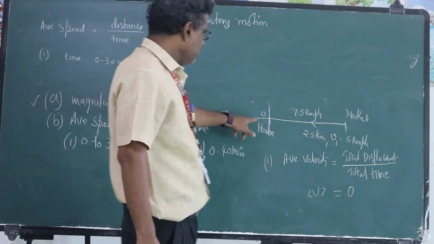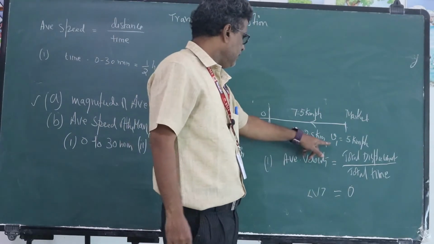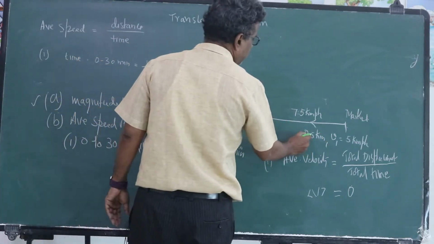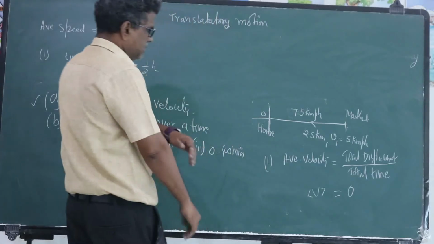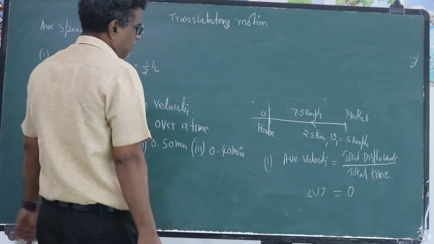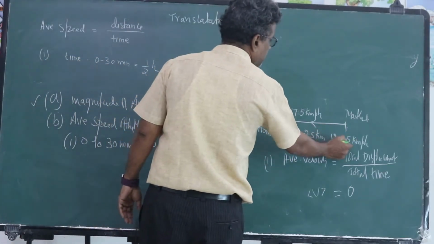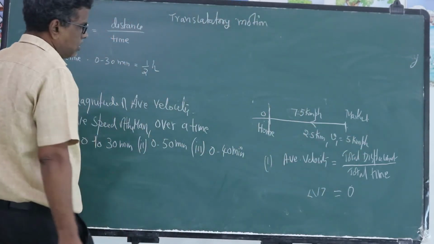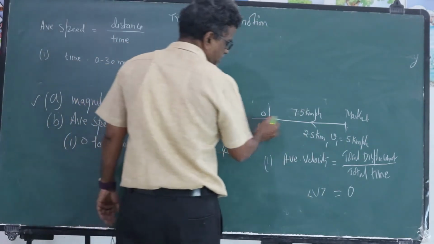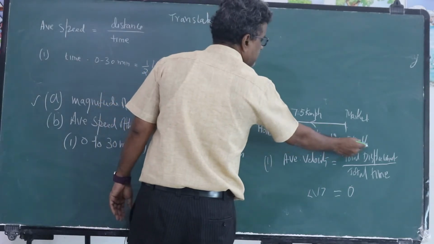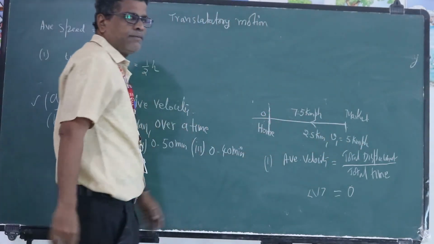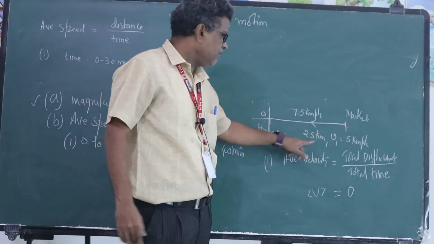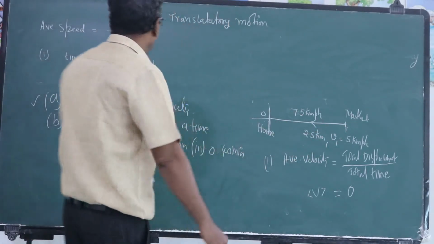For going from home to market, he is moving with a speed of 5 kilometers per hour. In 1 hour he travels 5 kilometers, so in half an hour he travels 2.5 kilometers.